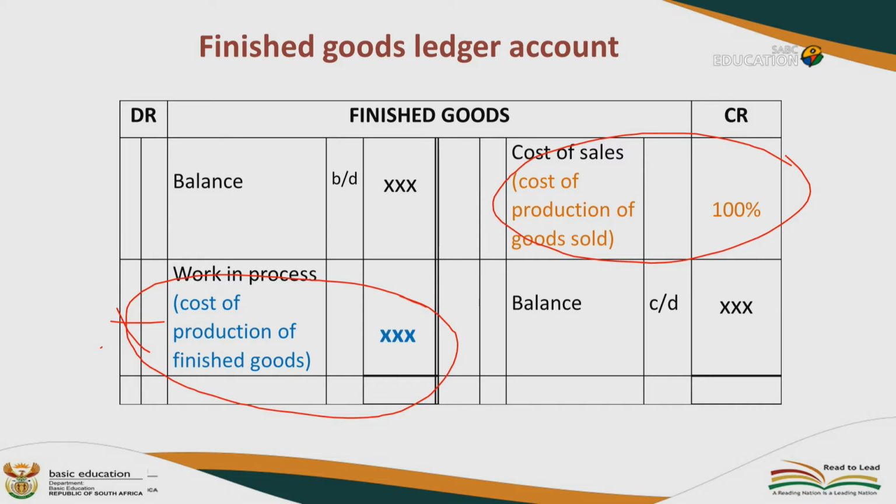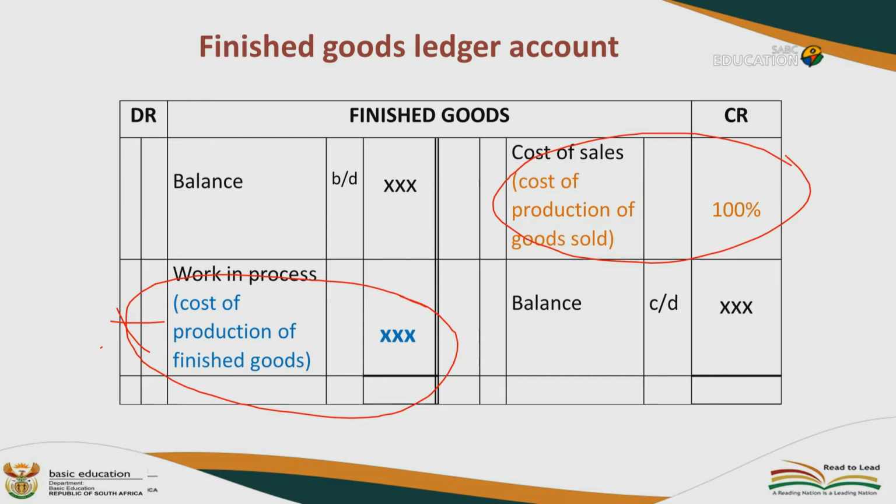Then, if you are using the ledger account, if you want to calculate the cost of sales, remember when we are calculating the total cost of production of finished goods, which is your work in process, we started on this side, we went this way. But now when we want your cost of sale, you start this side, you go that way.